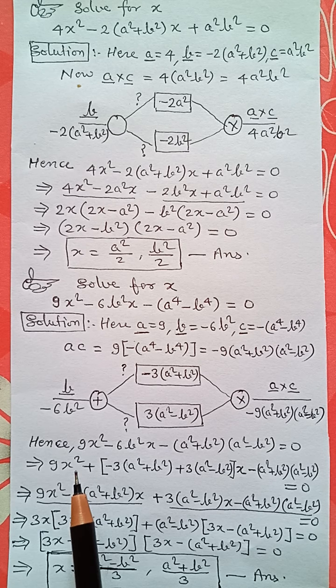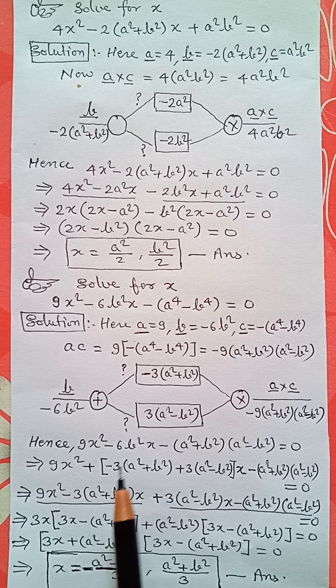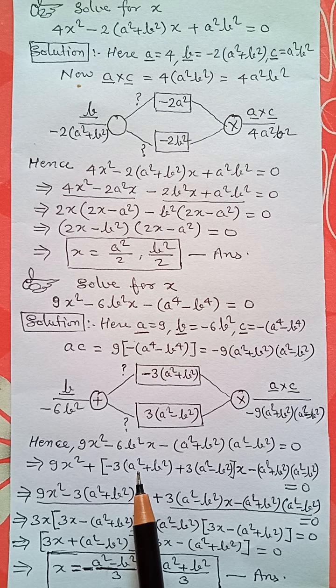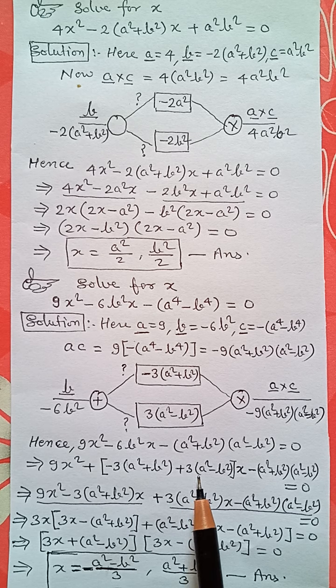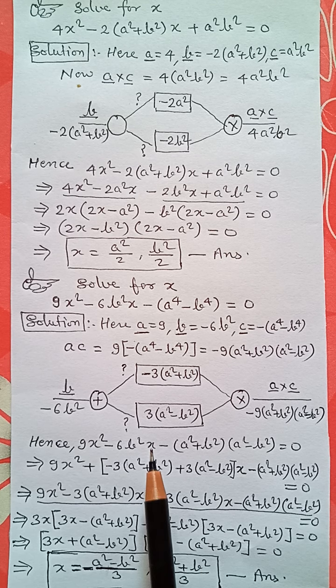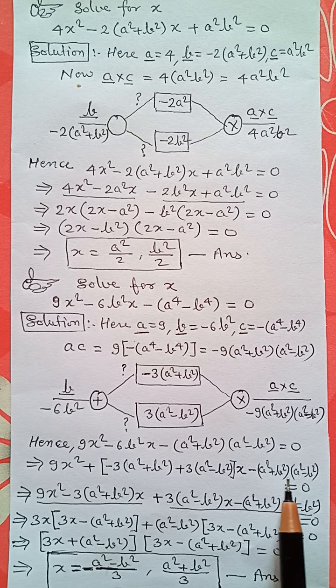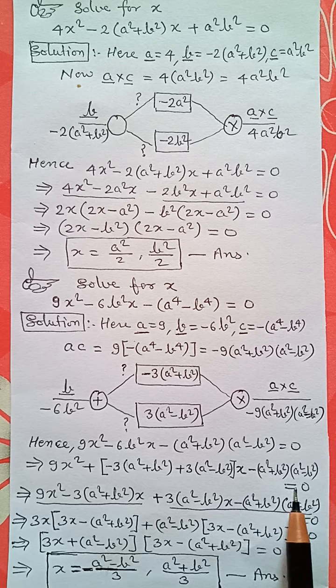Now we can write this as 9x² plus, in place of −6b² we can write −3(a² + b²) + 3(a² − b²) times x, minus this product (a² + b²) multiplied by (a² − b²). This is equal to 0.